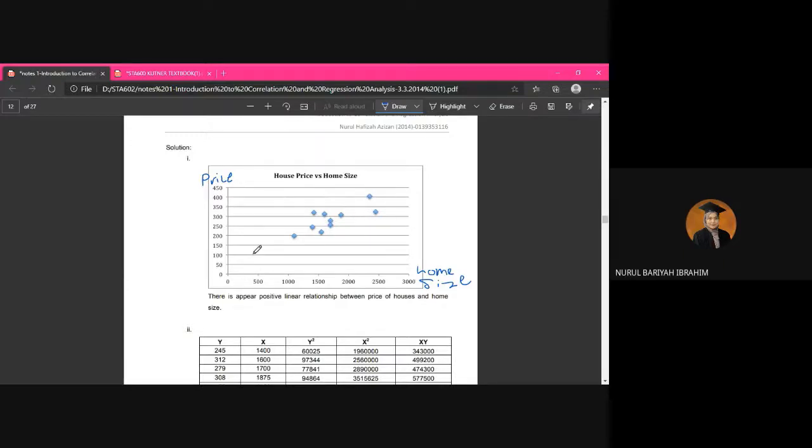So we can see here there appear the positive linear relationship between price of house and home size. This is the interpretation of the scatter diagram. Okay, remember to get the full mark, kena ada title, labeling of x-axis dan y-axis, all the points here, and then interpret.